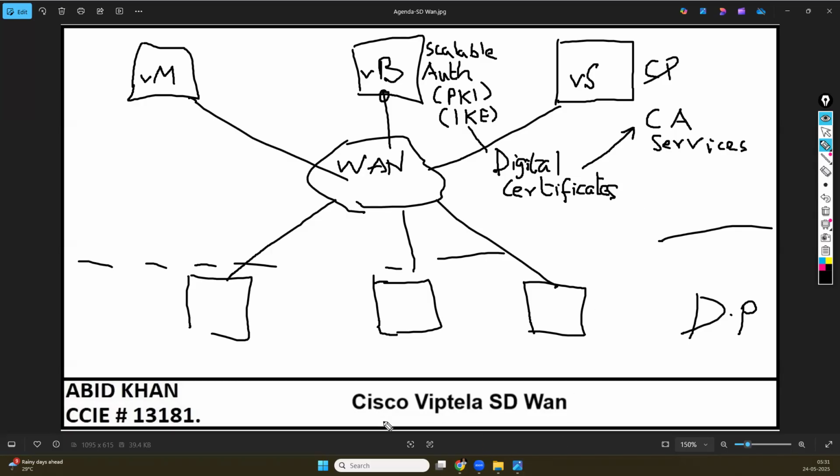Viptela, before it was taken over by Cisco, did not have its own CA service. What they did was a tie-up by default with one organization, which is called Symantec. So originally, this is the default.